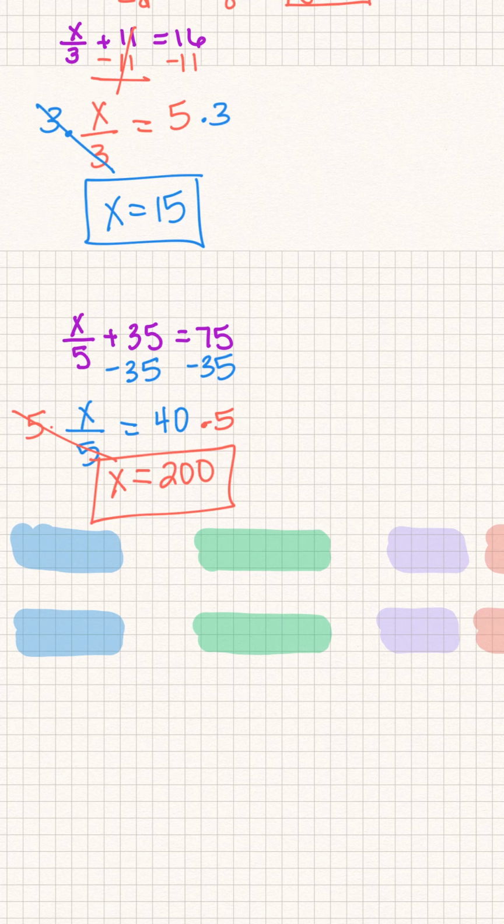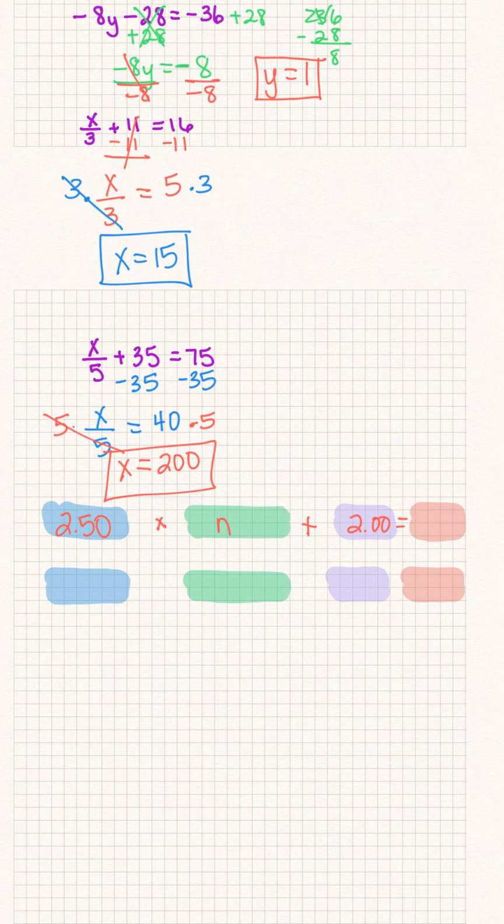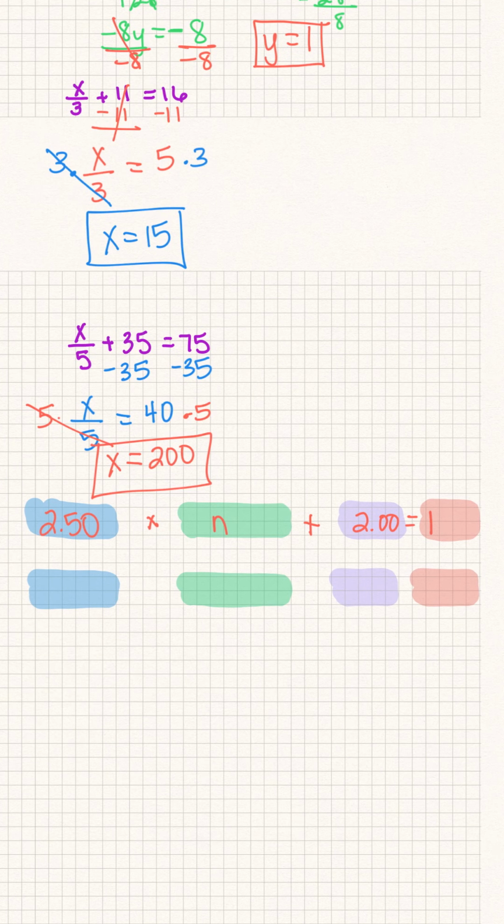So we're going to look at this. We have $2.50 times the number of games you bowl. So let's let that equal n, plus $2 for the shoe rental, and the total is $14.50.